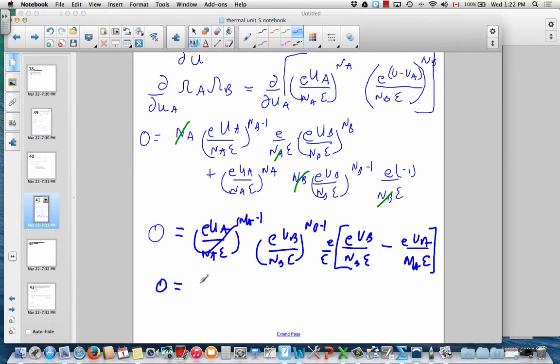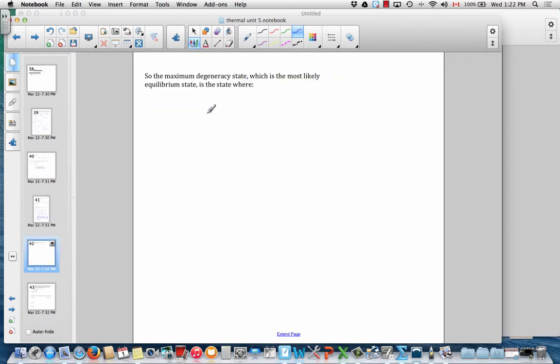And ultimately, I get the much simpler expression that UB over NB minus UA over NA is 0, so that at equilibrium, it must be that the internal energy per bond and ultimately per atom is the same. So that's our equilibrium condition.